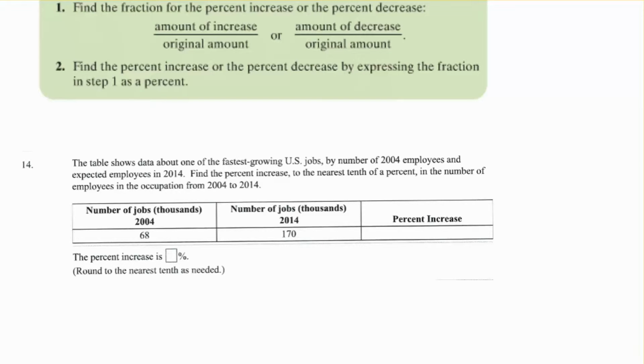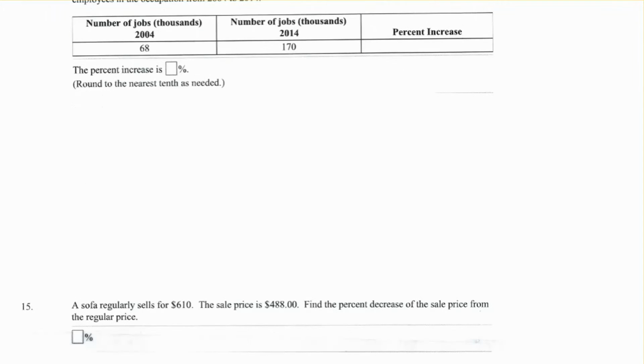Okay, so let me move this just a little bit. All right, it says, in 2004, the number of jobs in thousands was 68. In 2014, it was 170. So it's obvious that there is an increase.